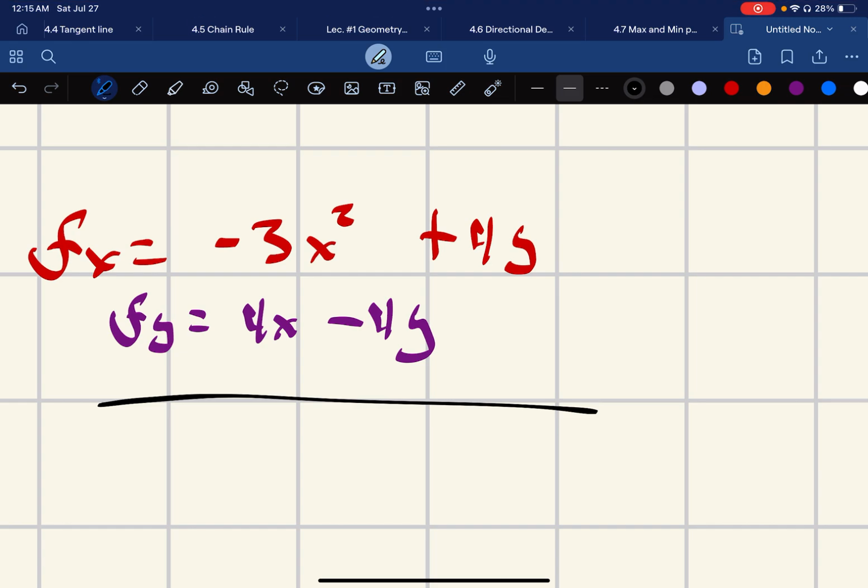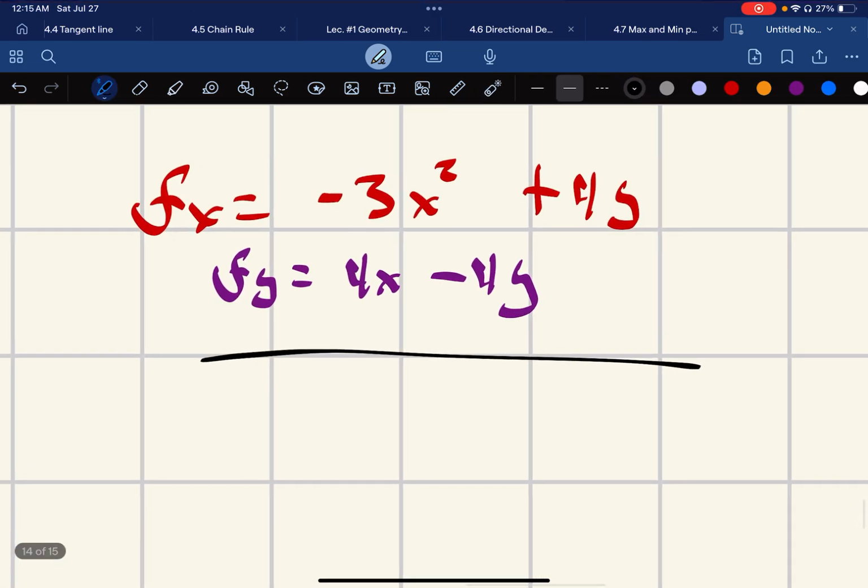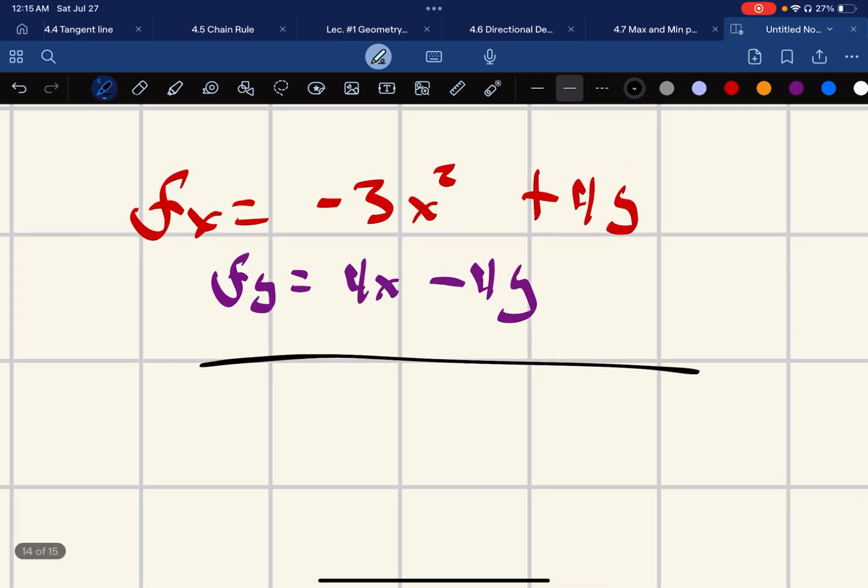So what we do is, since these are the same, right? We could subtract it, or add it, we could just add it. So overall, this goes to 0, and we're left with negative 3x squared plus 4x equals 0.